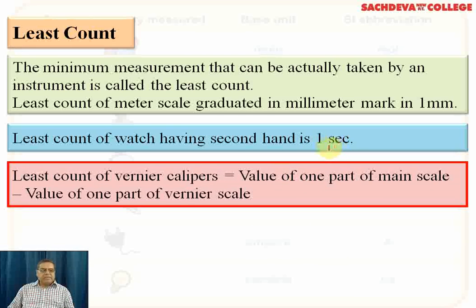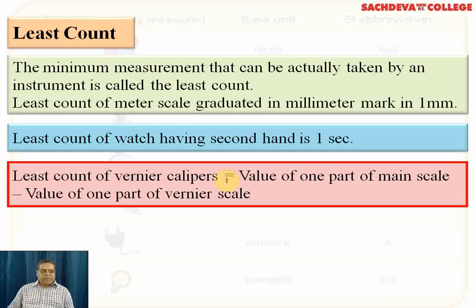Then comes the least count of a vernier caliper. Well, you will remember the vernier caliper, the spherometer, the screw gauge. All of these instruments are used for recording very, very small distance or length.